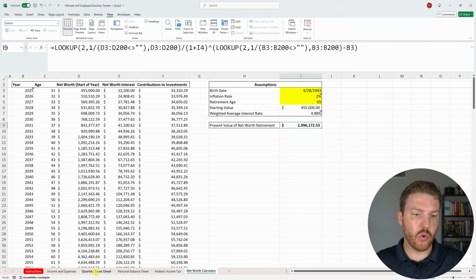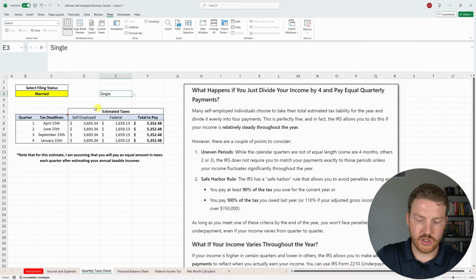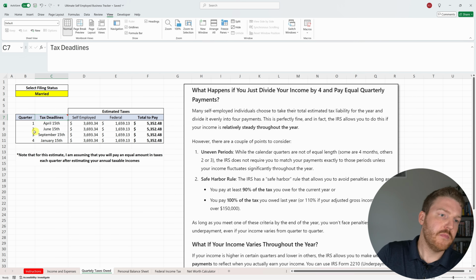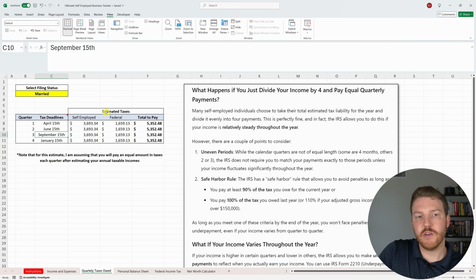And then finally, to figure out how much we're going to owe quarterly to the IRS, we can go to this quarterly taxes owed tab. And the way that this is going to be created is I'm just assuming that basically this quarter tax deadlines is the same each year, which I believe it stays the same. And you could change these if it updates. But basically, we're trying to figure out, hey, how much do we need to pay each quarter?